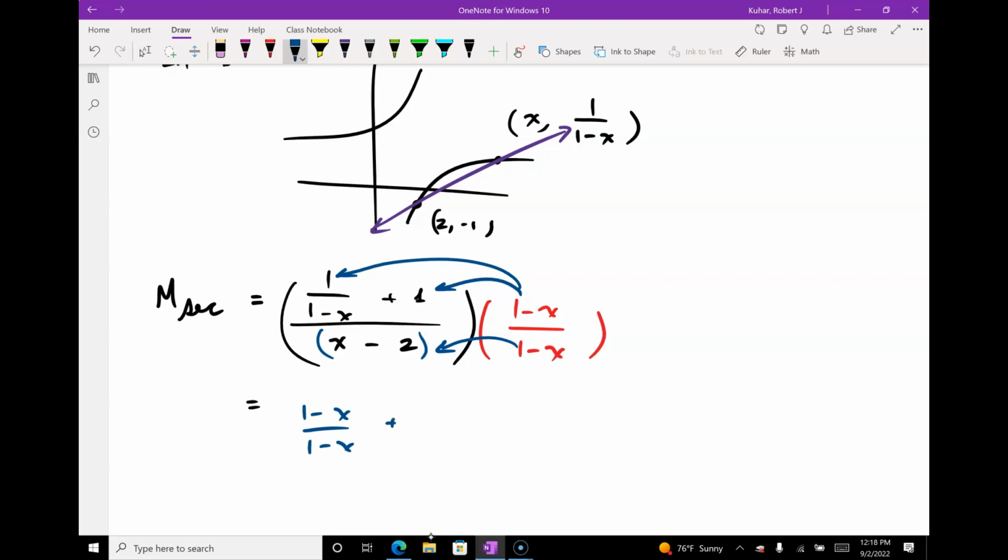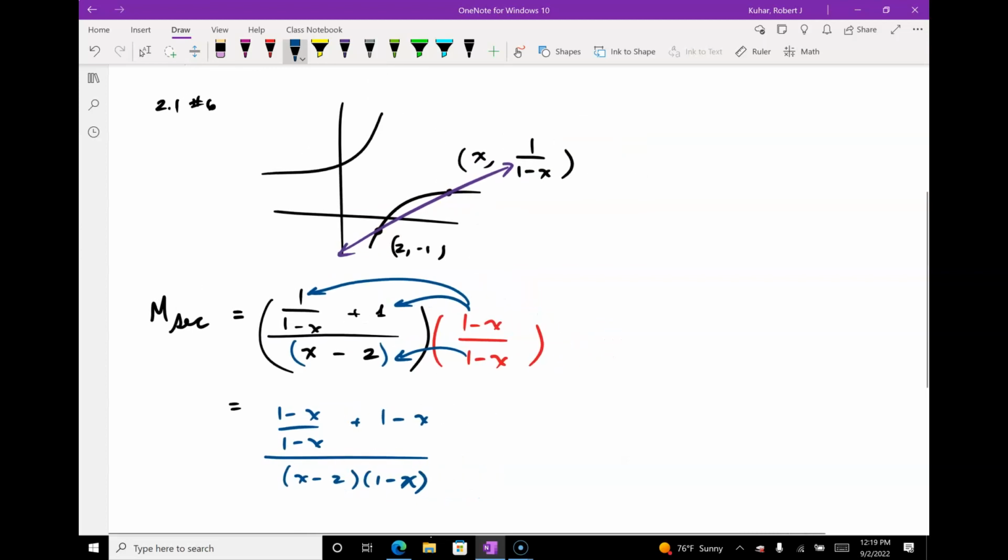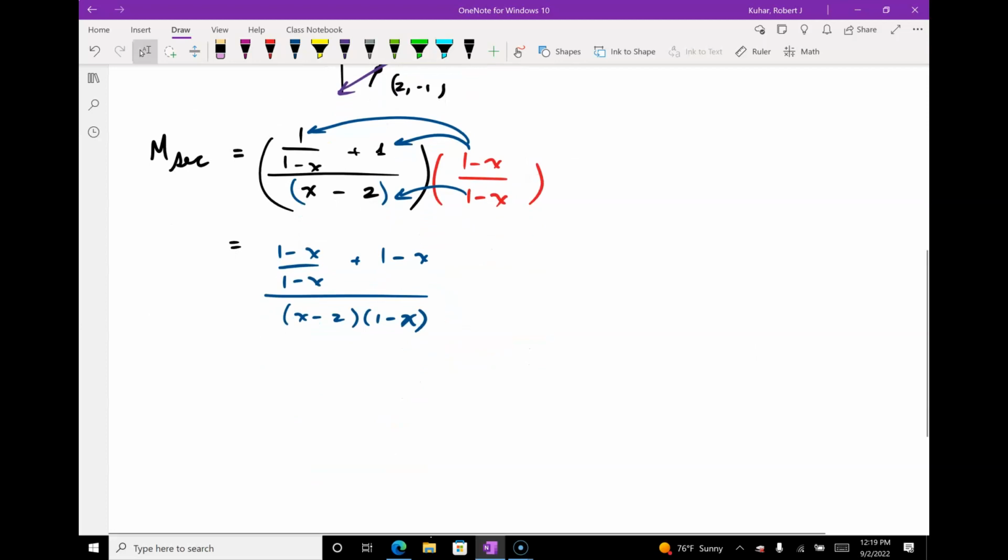Don't let me go too fast here. And then I get x minus 2 times a 1 minus x. Can I plug in x is 2 here? No. But I can simplify.